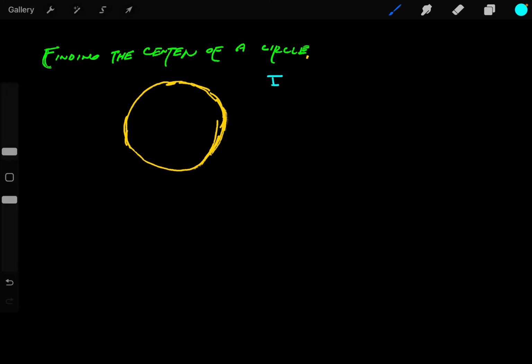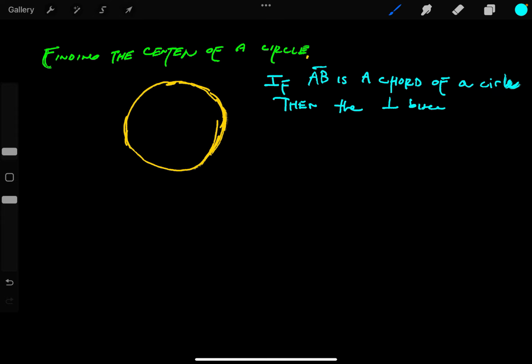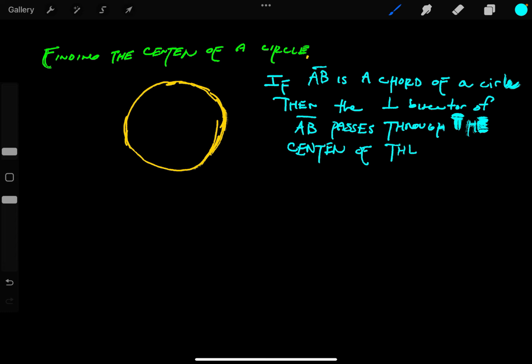We're going to say that if AB is a chord of a circle, then the perpendicular bisector of AB passes through the center of the circle.